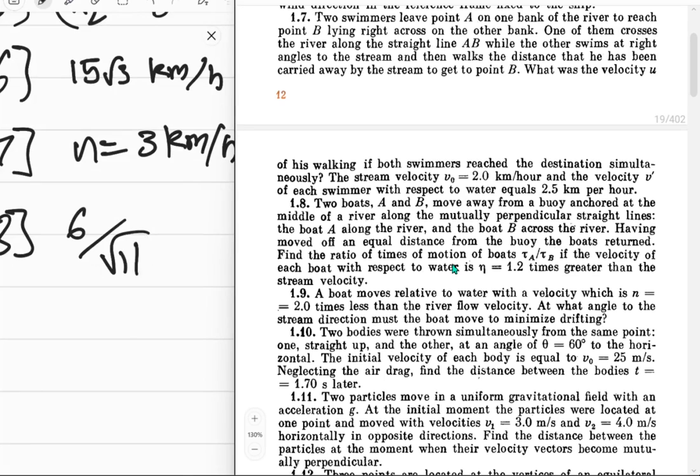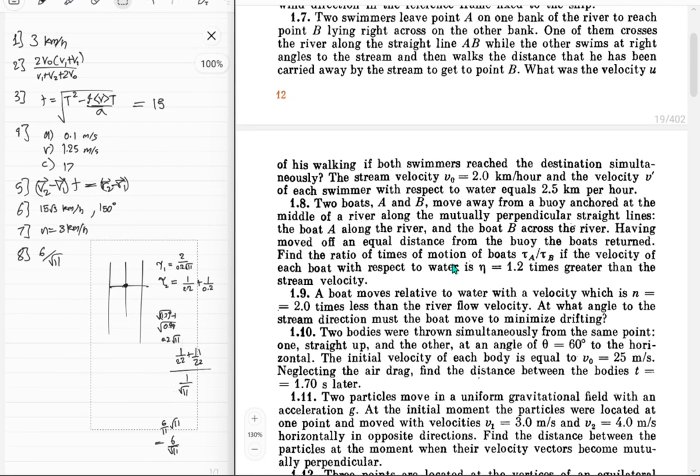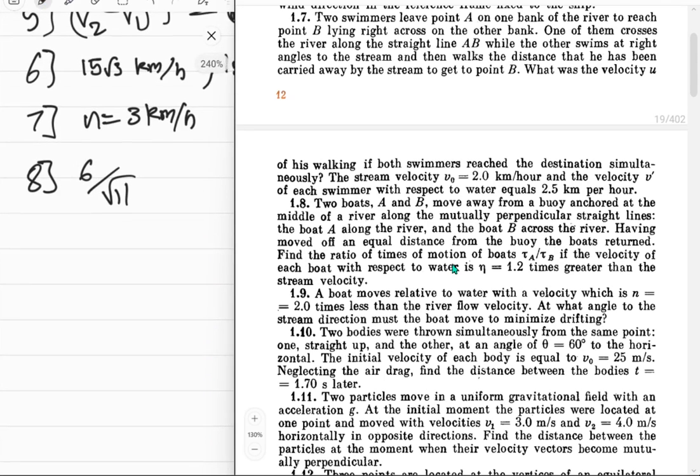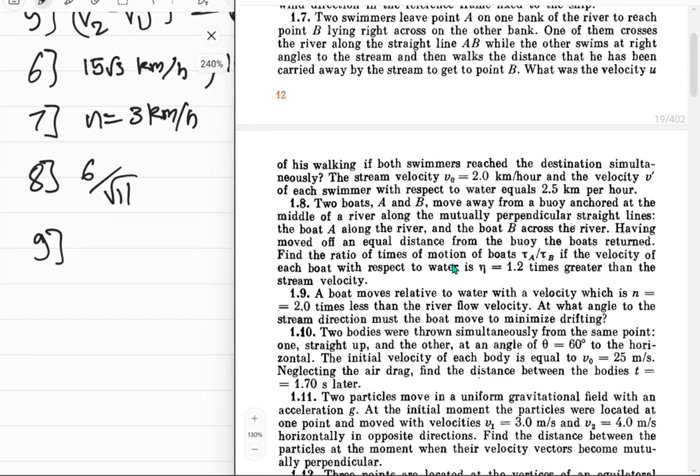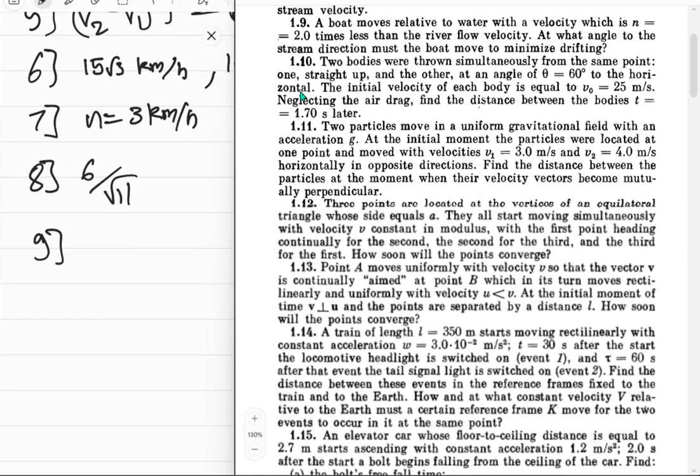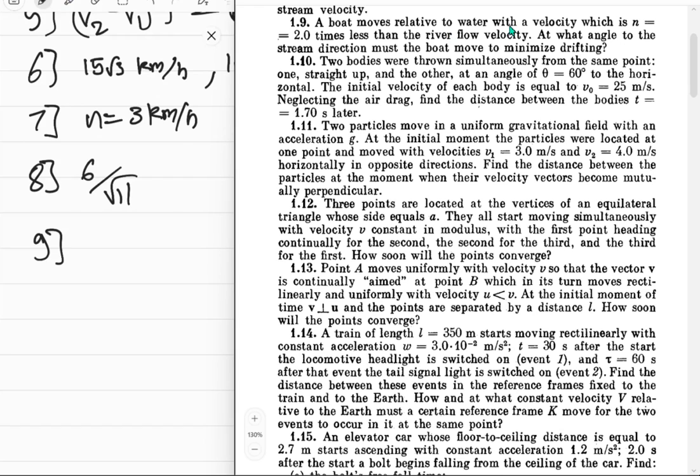Good thing it's just a ratio for the units. Next, ninth. Ninth is a boat. Where is it? A boat moves relative to water with velocity which is 2 times less than the river flow velocity.